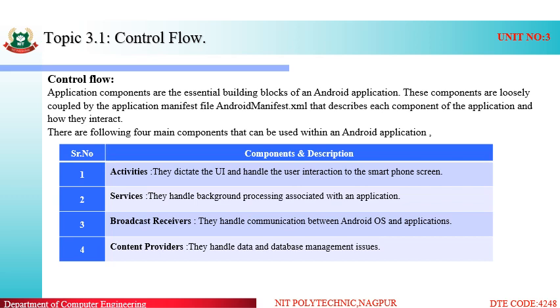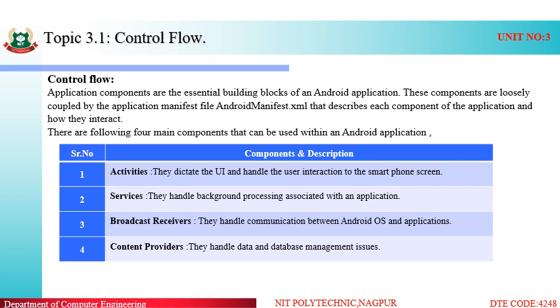Services. Services are the background activities that are performed internally. Like if my application screen consists of a single button, submit, whatever actions I am going to perform by submitting are done by the services component. Broadcast receivers handle the communication between the Android OS and applications. So what will this component perform?